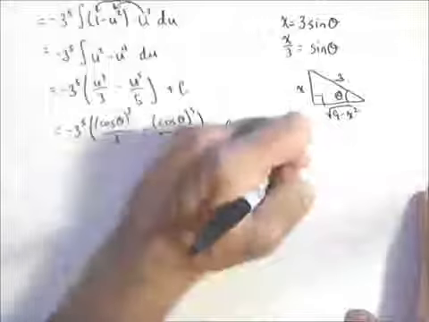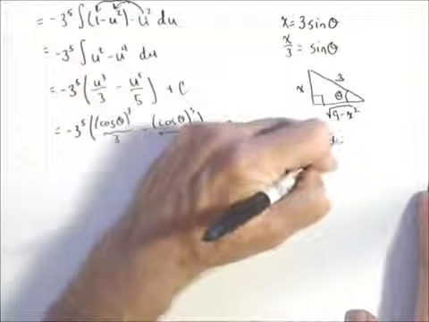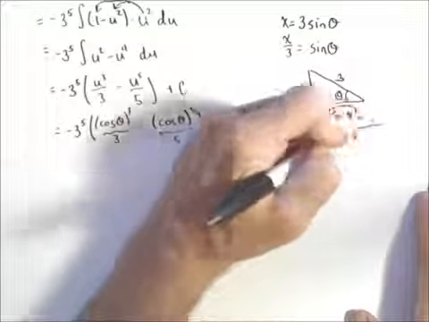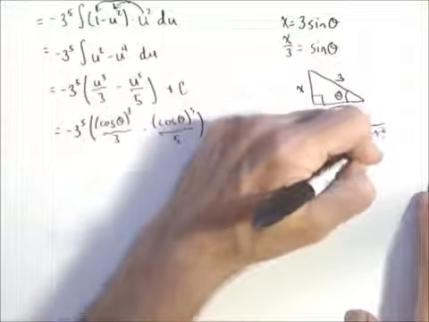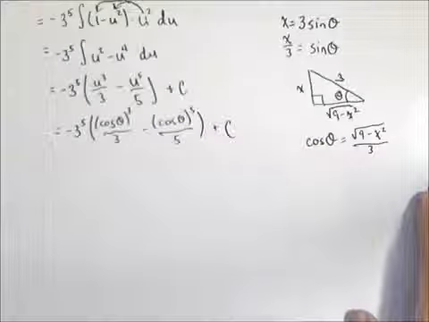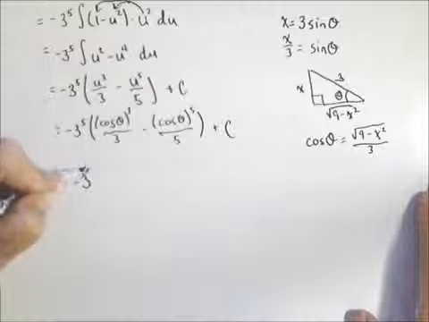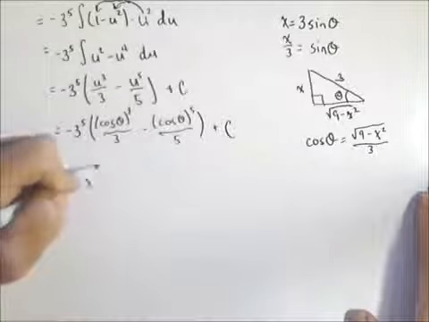Now I know that cosine of theta is adjacent over hypotenuse. So square root of 9 minus x squared over 3. So we're going to have some simplifying we can do at the end, but let's go ahead and plug in what we have.